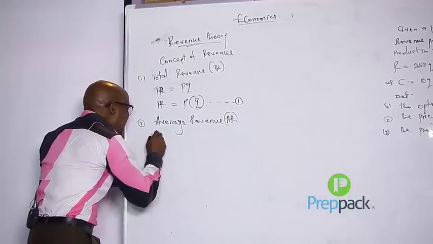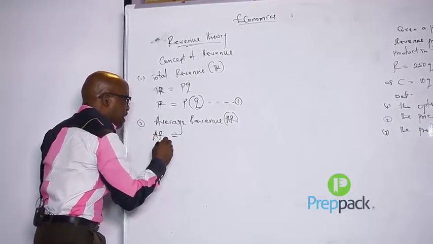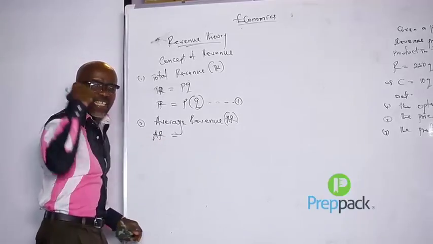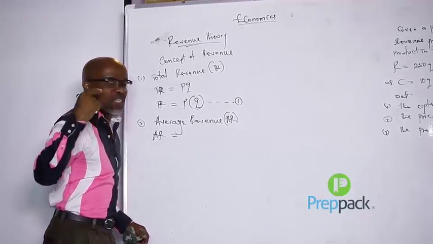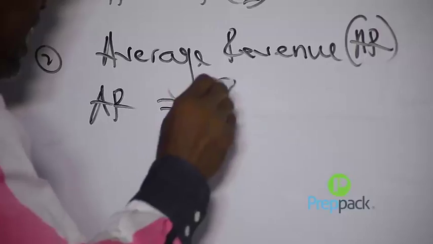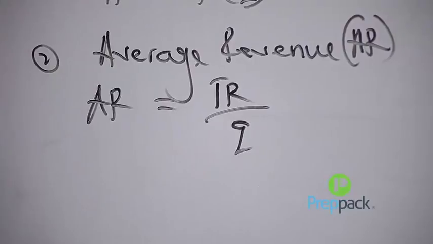What this simply means is that my AR, average revenue, equals TR over Q, because average revenue is obtained by dividing the total revenue by the quantity. But I want to show you something. Just watch me carefully.